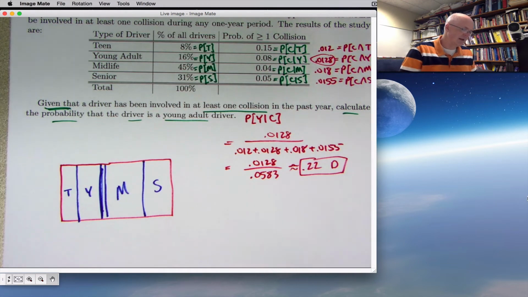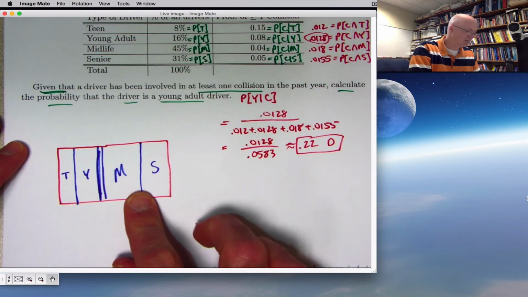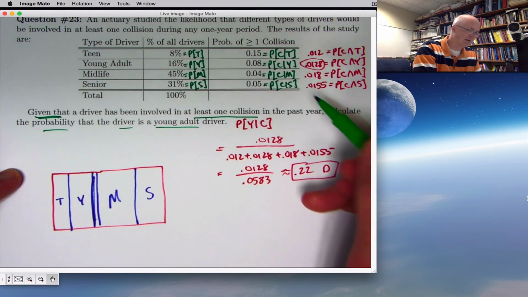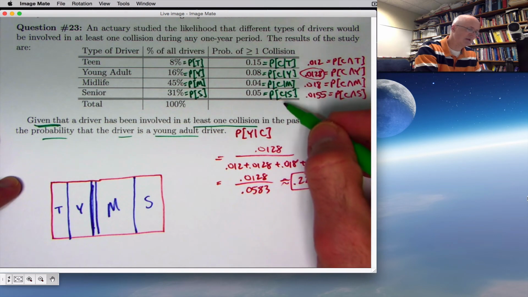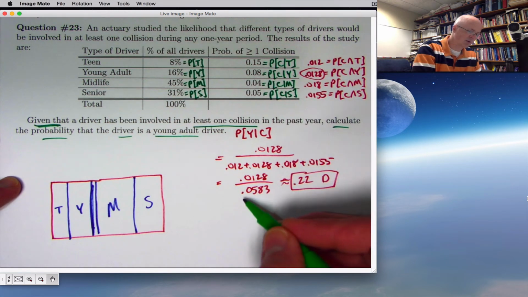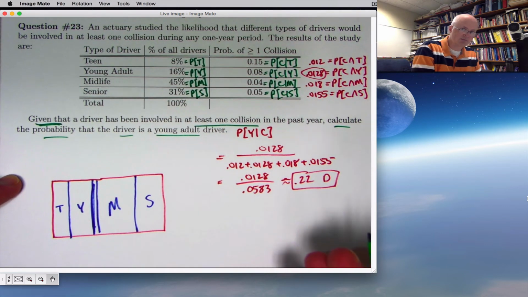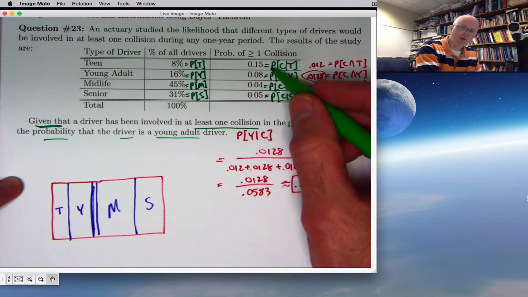So that's the partition of the sample space. And then you've got being in a collision overall. Now the sum of these is the overall probability of being in a collision, which is 0.0583, which would be the area of the green region I'm about to draw representing C. But these conditional probabilities are the relative areas.